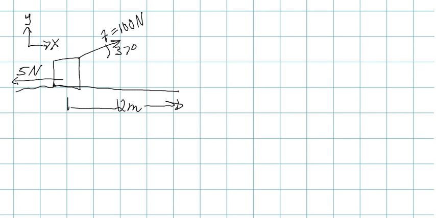Alright, so let's break this down with a free body diagram. Free body diagrams help us make more sense of our problem. So we've got our dot representing our free body. We've got the normal force pushing up from the ground.